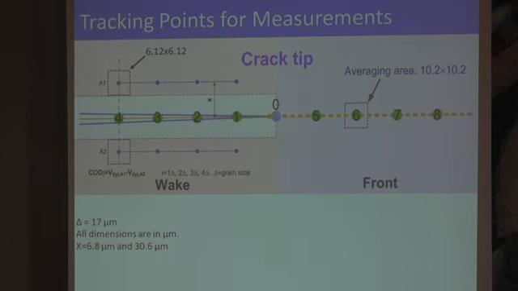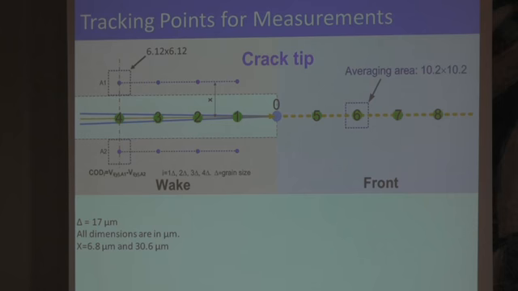For our tracking measurements, the zero position indicates the crack tip, 1 to 4 indicate the wake of the crack, and 5 to 8 indicate the front of the crack. For the wake area, we calculated the COD over two different X values, at 6.8 and 30.6 micrometer from the crack plane.